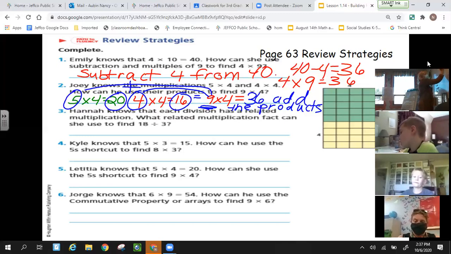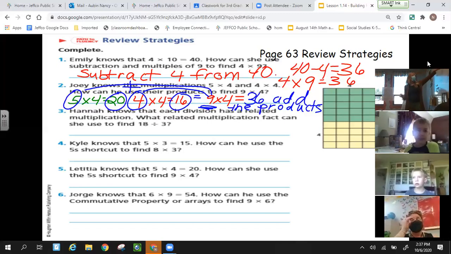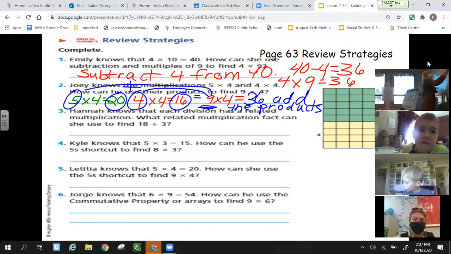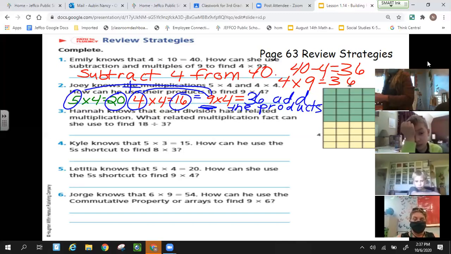If I don't know, I could do 3 times 4 plus 5 times 4, because I know that 3 and 5, if I add them together, will equal what? 8. So it's using what you know to find out what you don't know. I know 3 times 4 is 12 and 5 times 4 is 20. So if I add these together, I would get the answer to what 8 times 4 equals. All right, let's try.